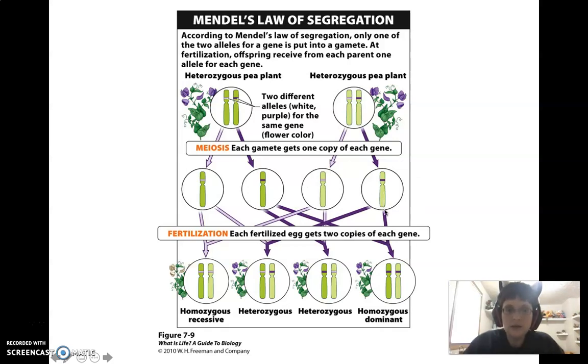And so if you look at the arrows, it's showing 2 purple arrows and 2 white arrows. Same thing over here, so that when fertilization happens, you end up with 2 copies in each of the new plants in different combinations. And we'll come back in our next lecture and talk about what's going on as far as these combinations go.